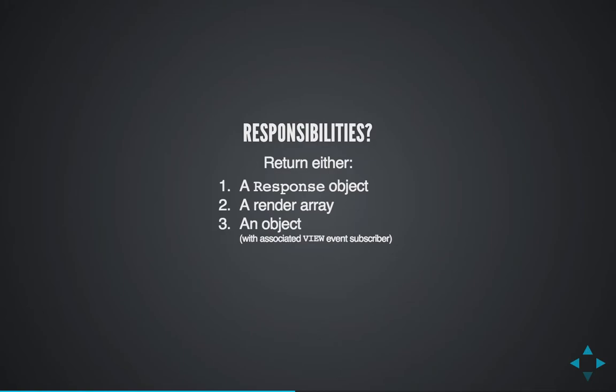And it has the green arrow, and it's the longest flow because Drupal does the most interesting things to render arrays. So if you look at the controller in the diagram, you'll see a green arrow through the diagram pointing towards the end. And finally, an object, if you return some other kind of object, it has to have a view subscriber, as I mentioned before, to turn whatever object you are returning into a response object.